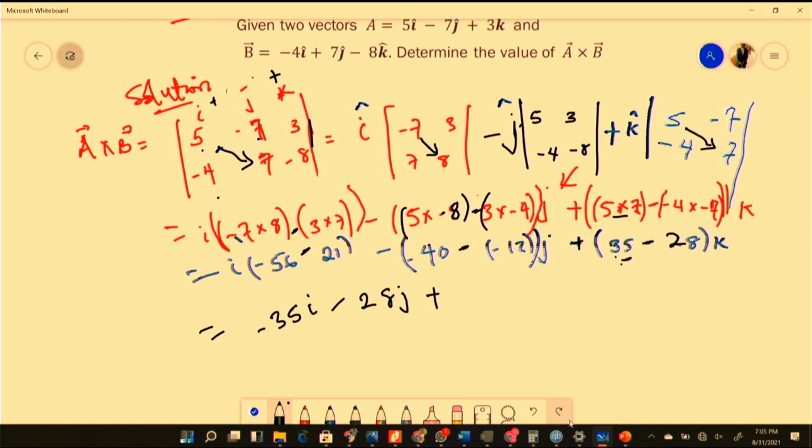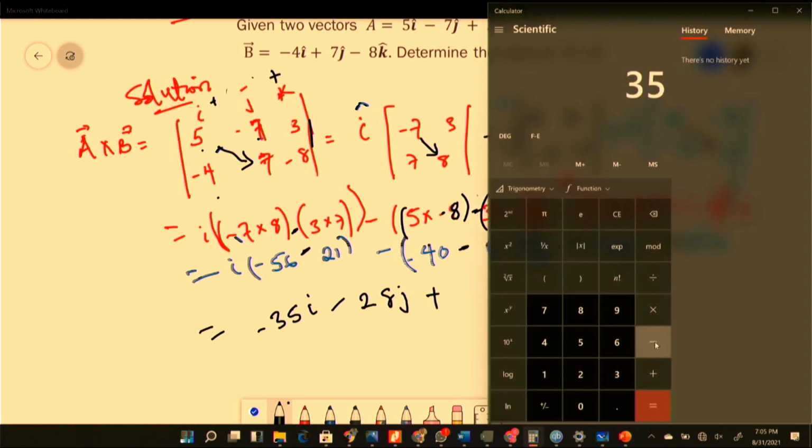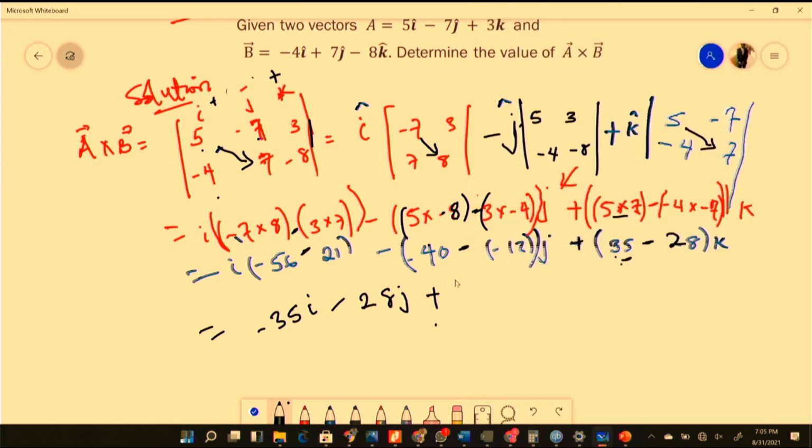So when you find 35 minus 28, we have 7. So here we have 7k. So our answer becomes a cross b equals minus 35 minus 28j plus 7k. So if you understand this, then you can understand the multiplication of vectors of different components.